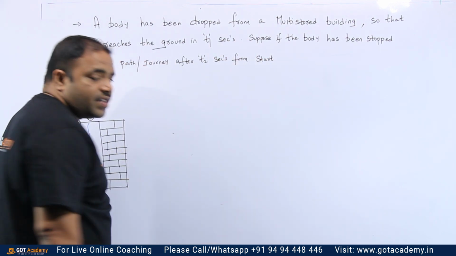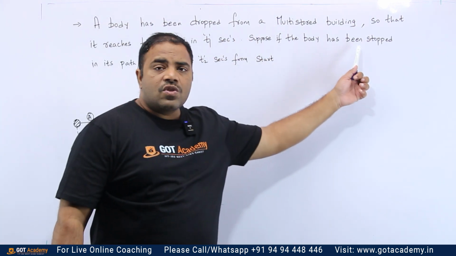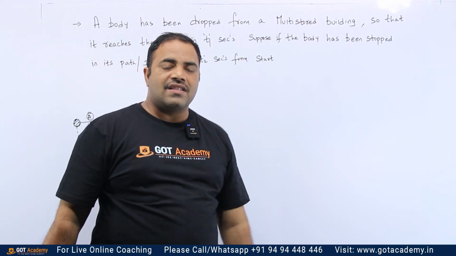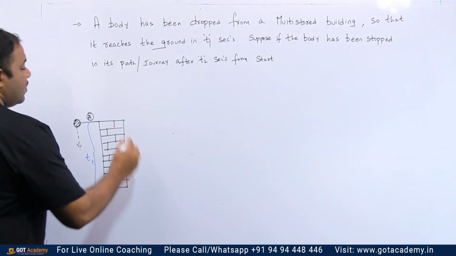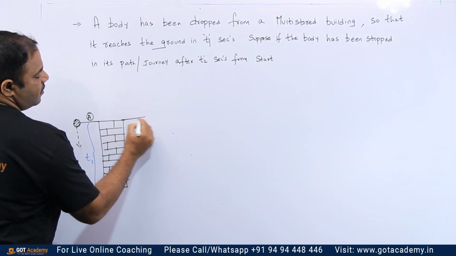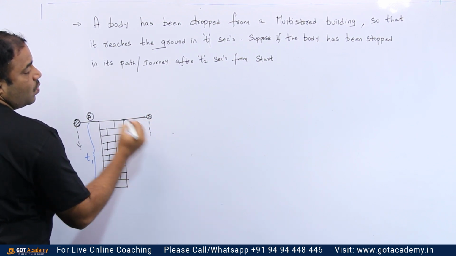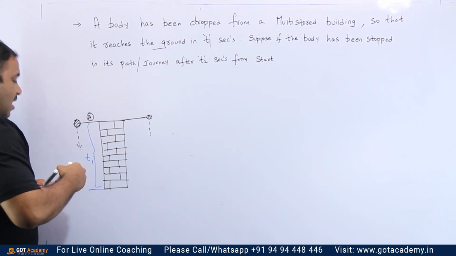This is the next question. The body has been stopped in its path after t2 seconds from the start. So this is the starting position. When it is dropped like this, we are saying that it has been stopped.